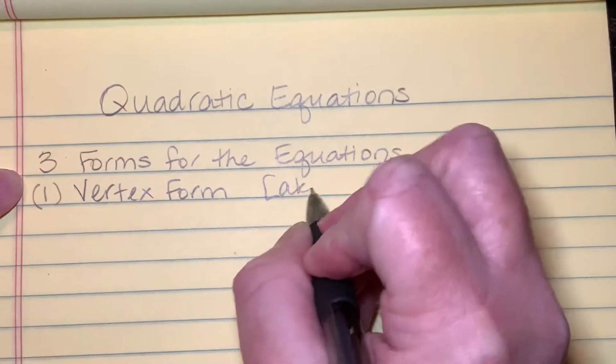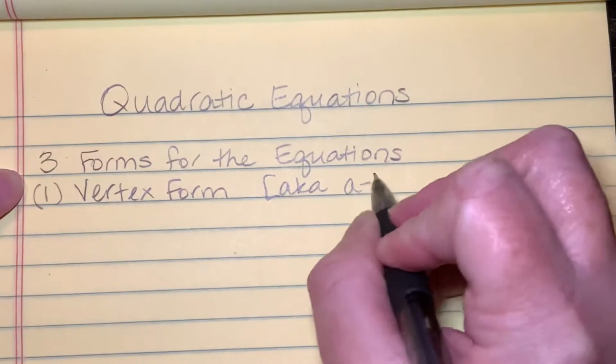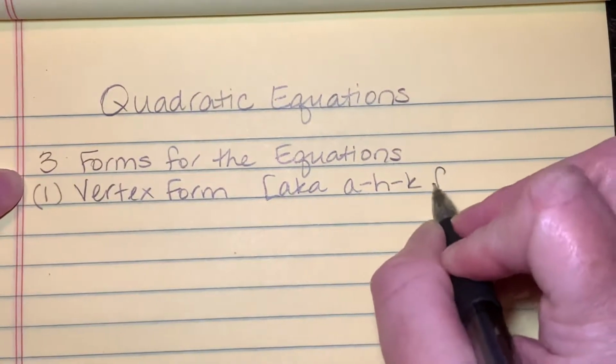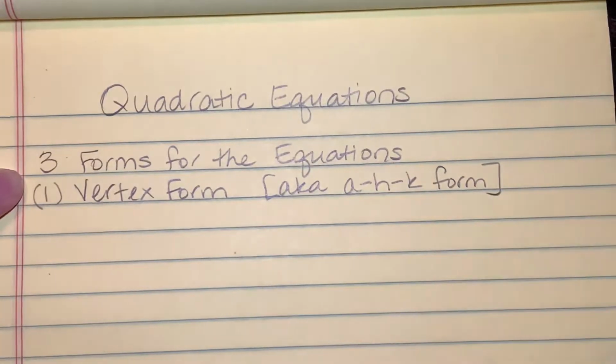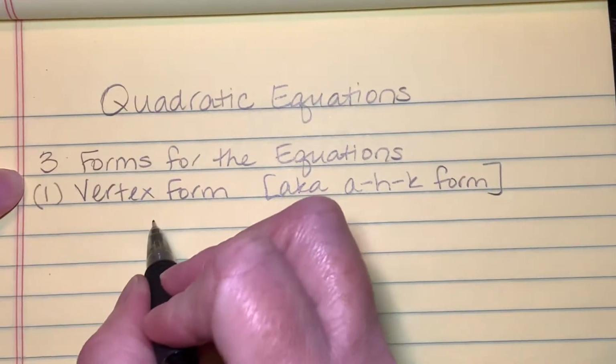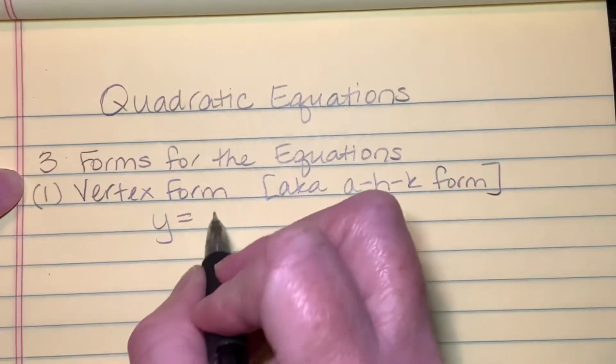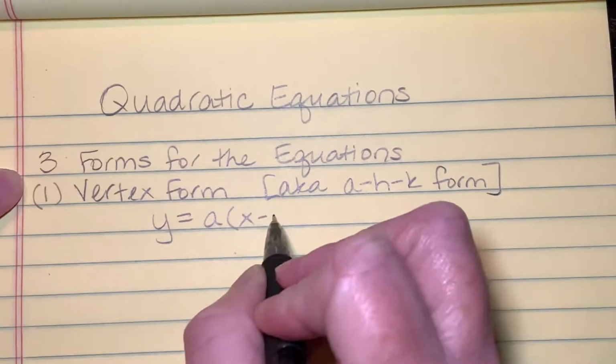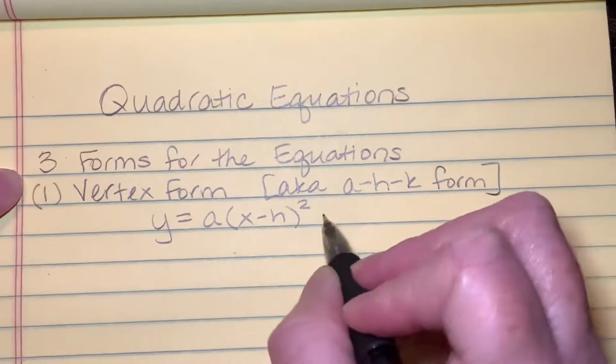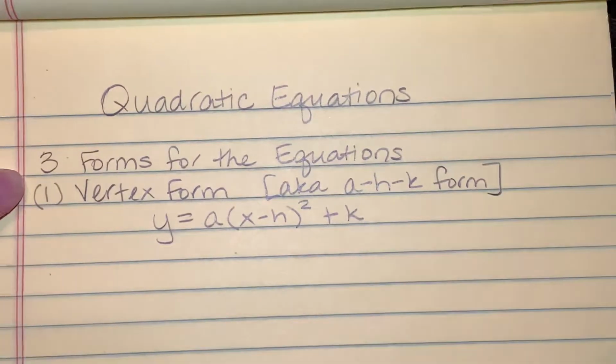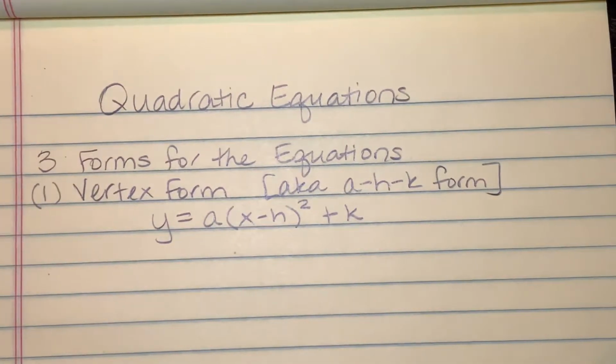So this is our AKA AHK form, which should help you remember what that equation looks like. So this is going to be y equals a times (x minus h) squared plus k. Right, so that's vertex form. We're going to look at that here in a little bit.